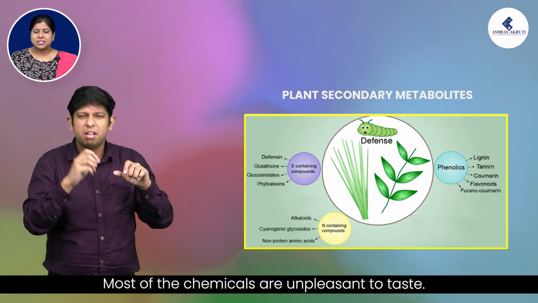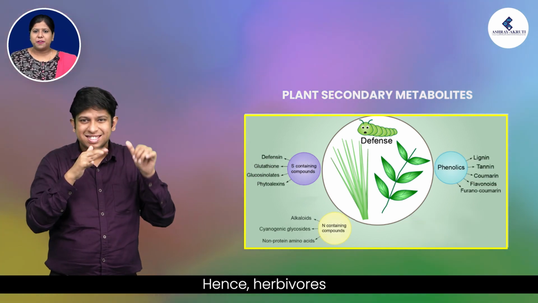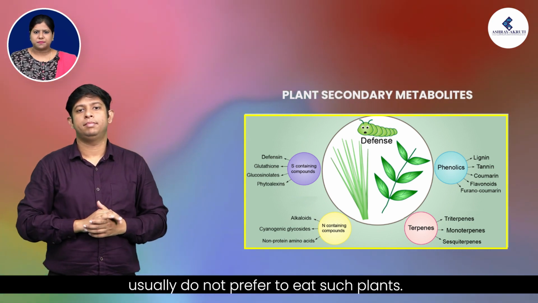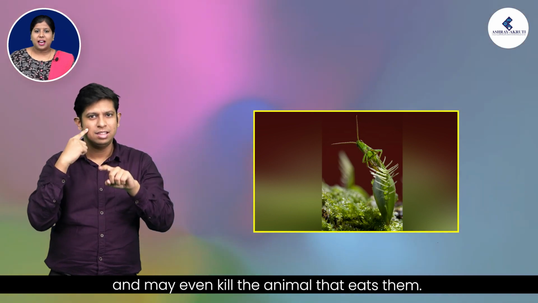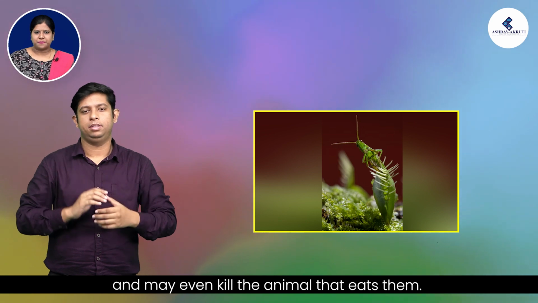Most of the chemicals are unpleasant to taste. Hence, herbivores usually do not prefer to eat such plants. Some of the chemicals are toxic and may even kill the animals that eat them.